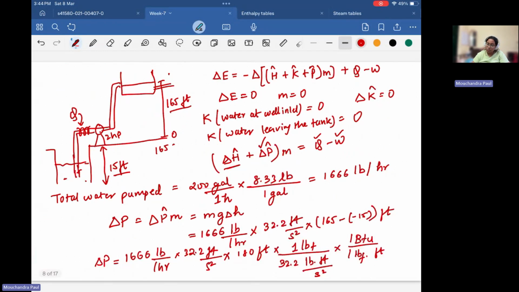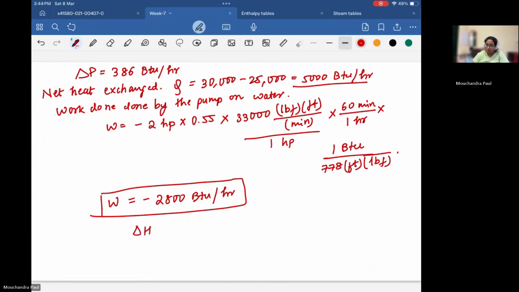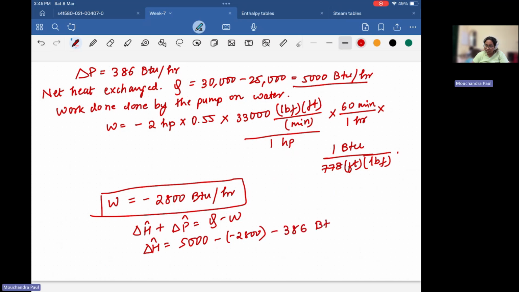The initial expression was delta H cap as delta E cap is equals to Q minus W. Delta H cap is equals to Q is 5000 minus 2800 minus 386 BTU per hour. Delta H is 7414 BTU per hour.